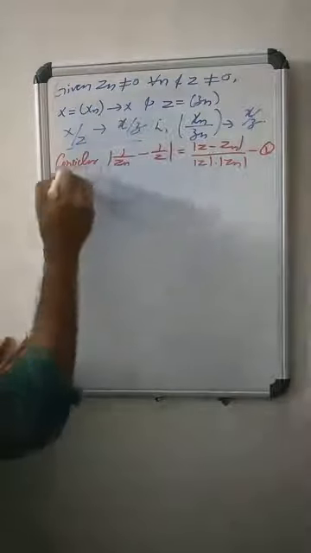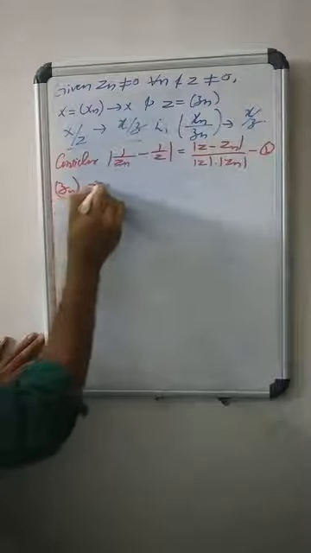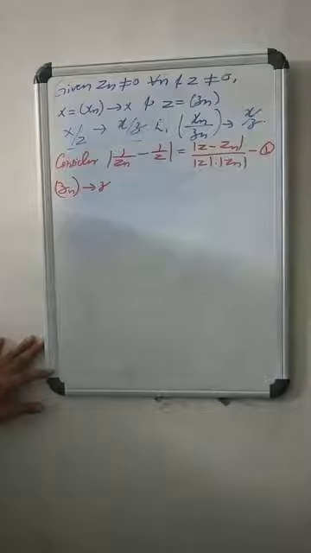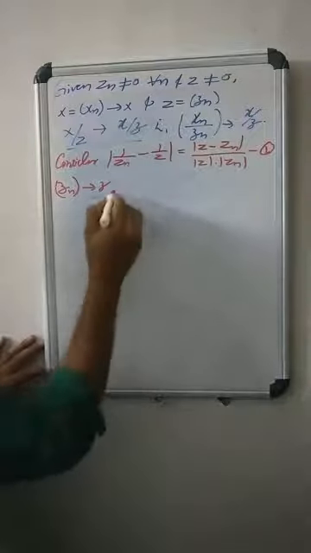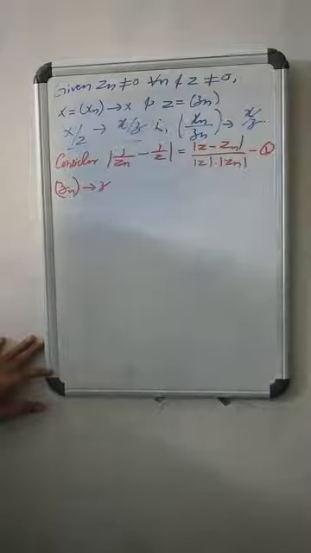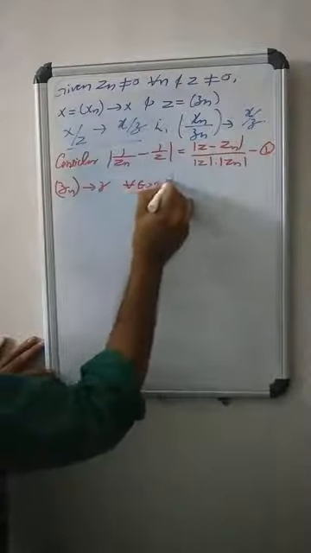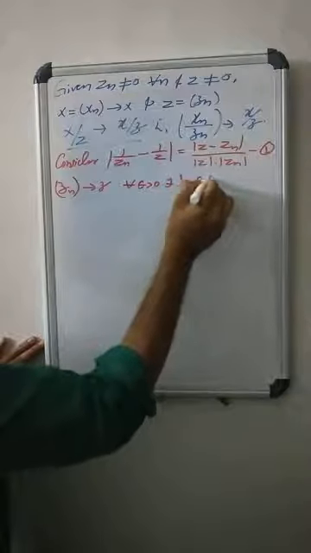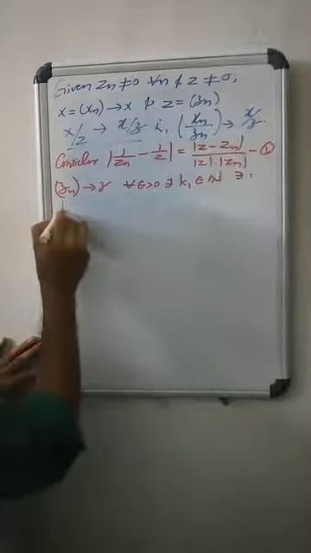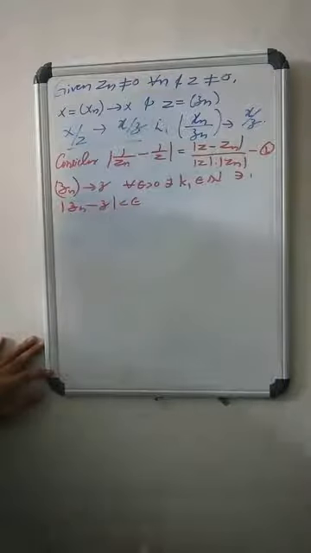But what is the sequence zn? Given that zn converges to z, that means for all epsilon positive, there exists some k1 such that modulus of zn minus z is strictly less than epsilon.